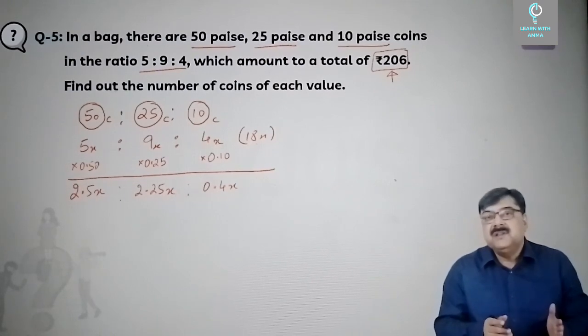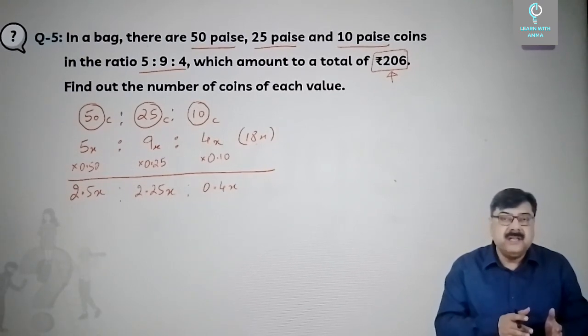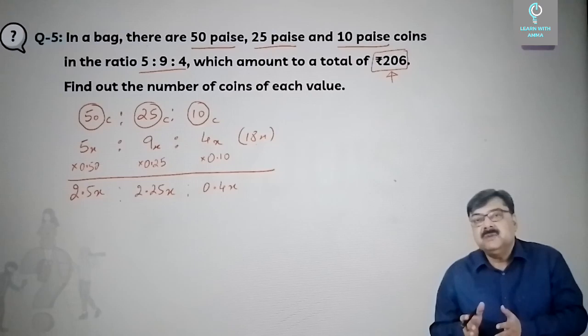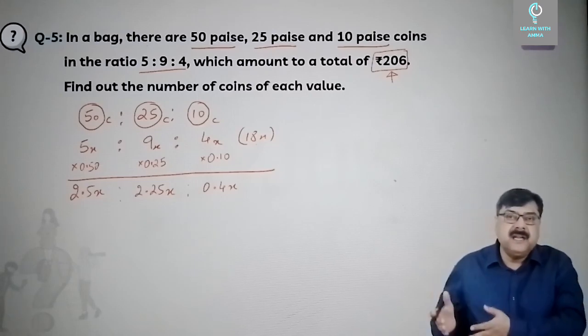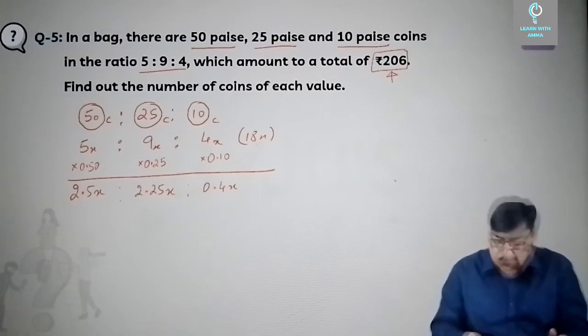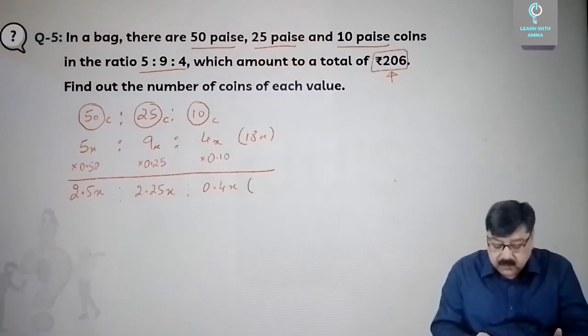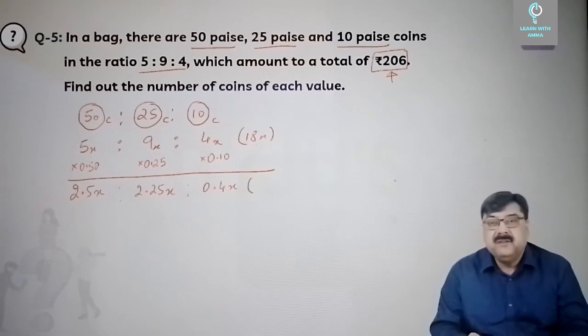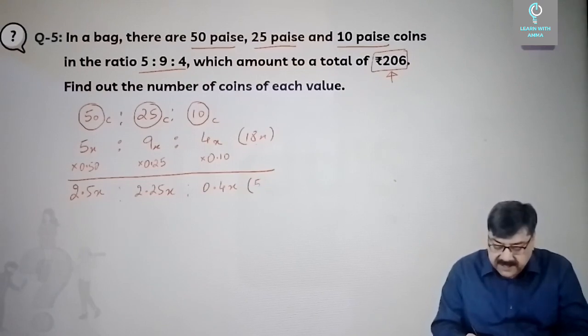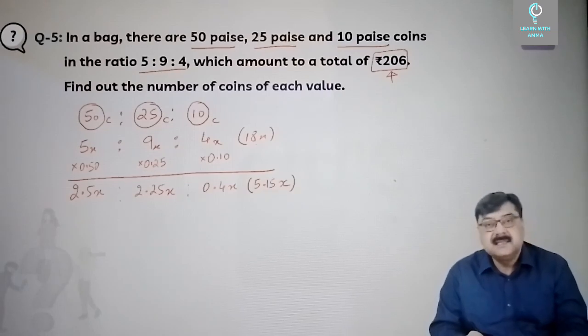Now this is the ratio between the amounts. The amount of money in terms of 50 paisa coins, the amount of money in terms of 25 paisa coins, and amount of money in terms of 10 paisa coins. Now this actually amounts to 2.5 plus 2.25, which is 4.75, plus 0.4, which is 5.15x.